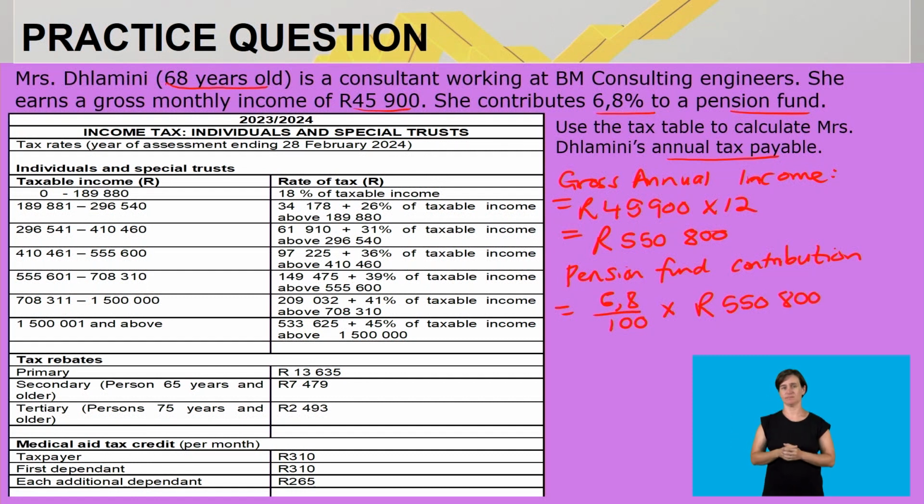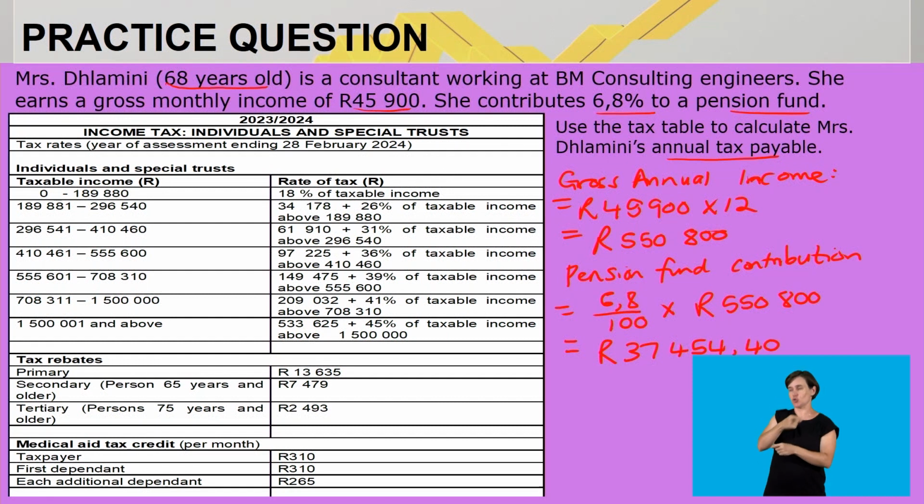I already have this as an annual value, so I will just multiply by 6.8 divided by 100. That will give me my pension contribution, which is 37,454 Rand and 40 cents.